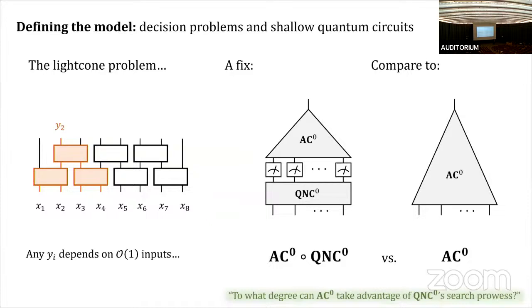Another way to think about this question is, well, we know QNC0 beats out AC0 for search problems. Can this post-processing by this classical function take advantage of this search prowess and collapse that power down to a single decision bit to beat out AC0 alone?